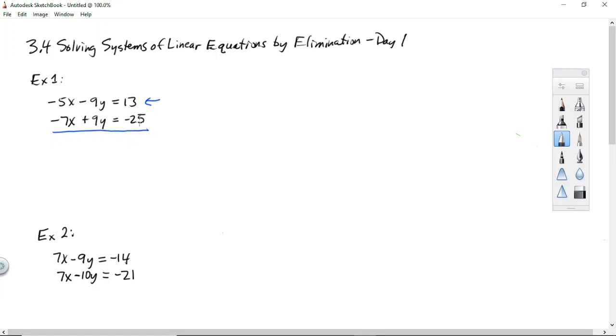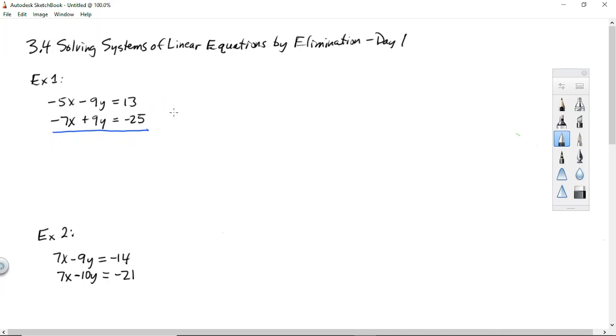But look what we're adding to the right. We're adding something that equals what we're adding to the left. The bottom one is also an equation, so the negative 7x plus 9y that we're adding to the left is equal to the negative 25 we're adding to the right. We are adding the same thing to both sides in that sense.